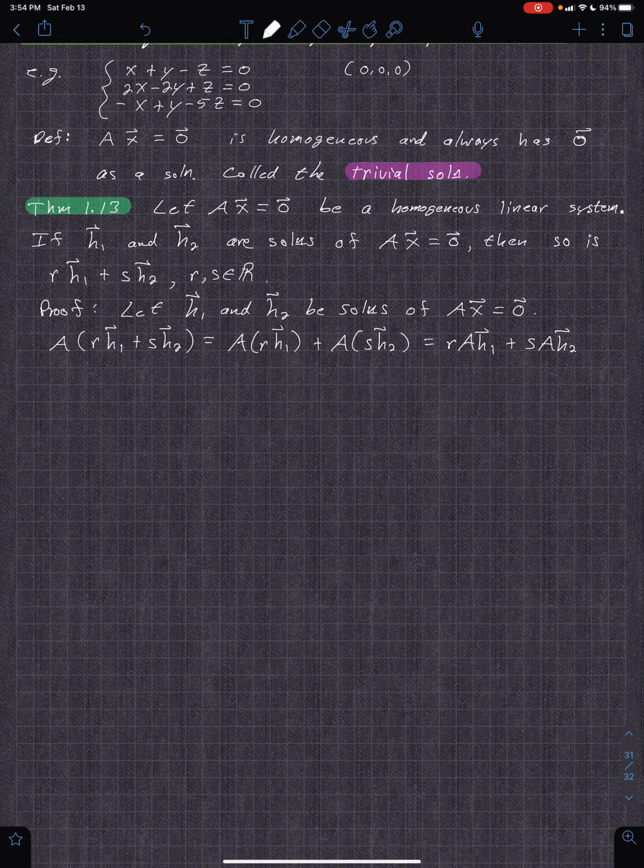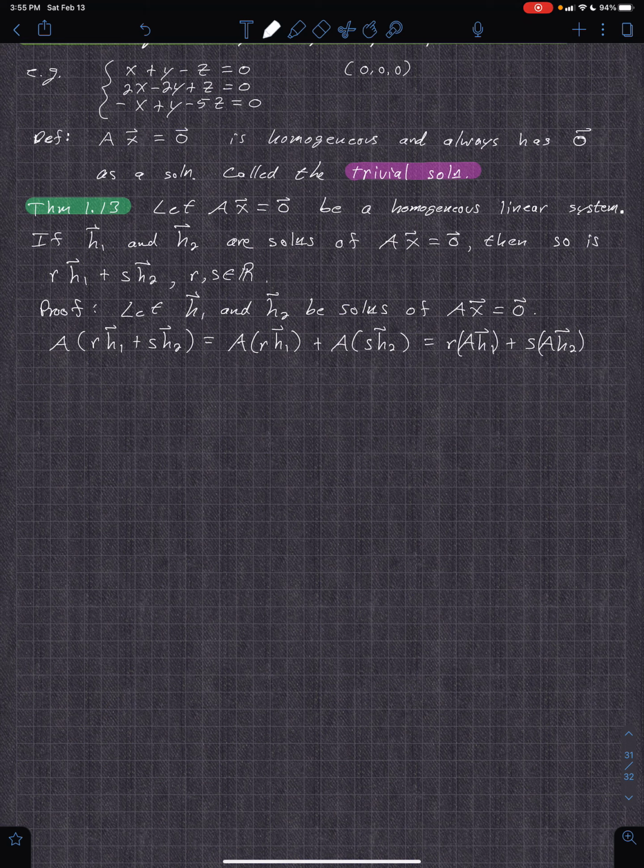And let's say we multiply those first. If H1 is a solution to this system, then what is this product equal to? And what is this product equal to? Yes, those must be 0. So you get 0 for both of these if they are solutions to the homogeneous system.